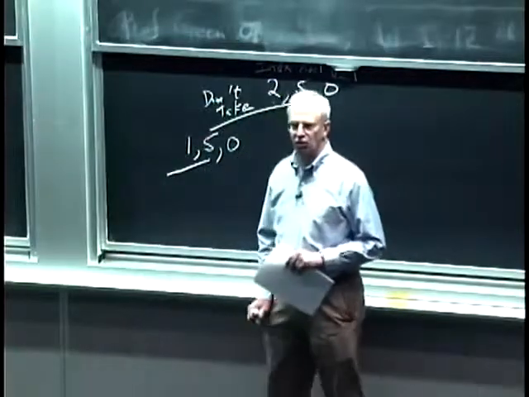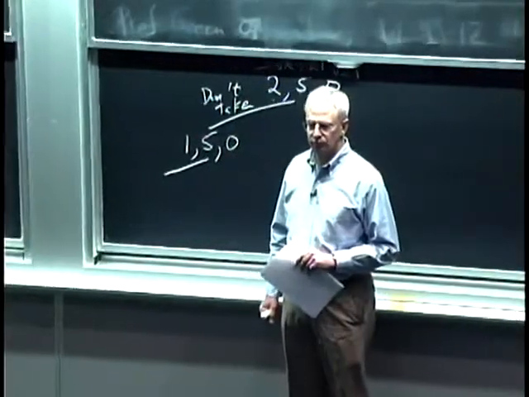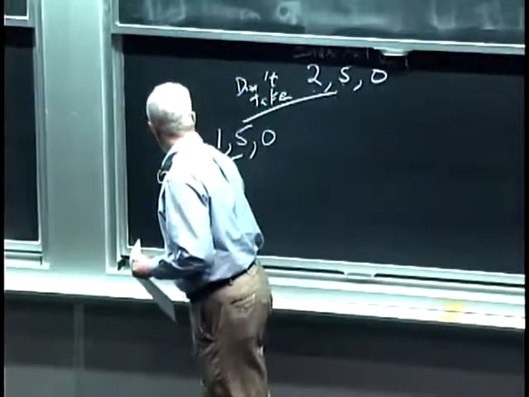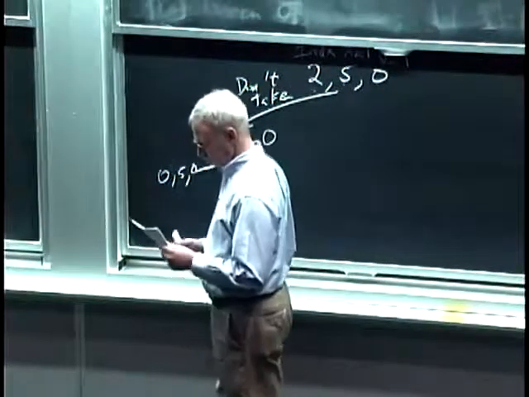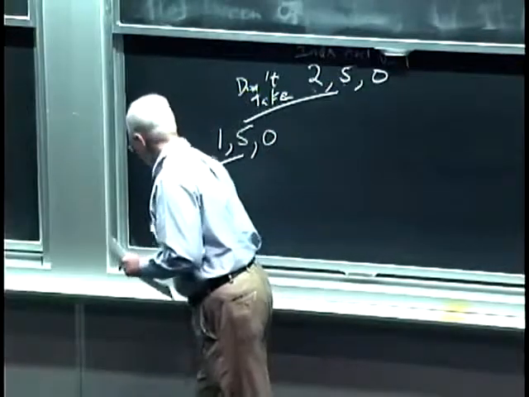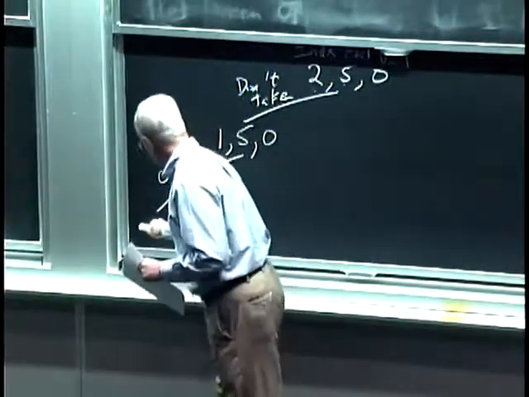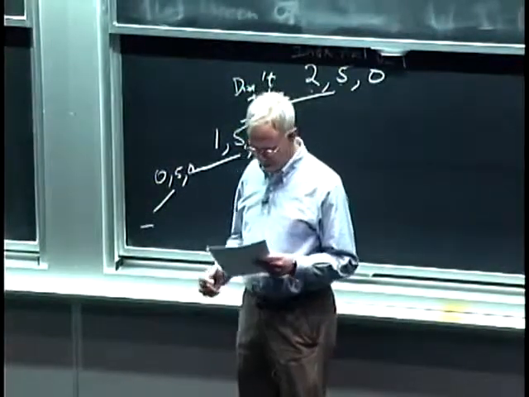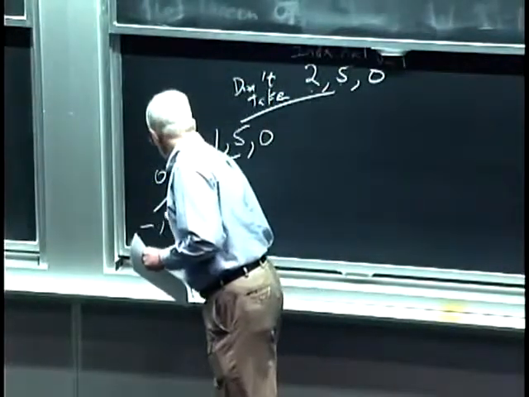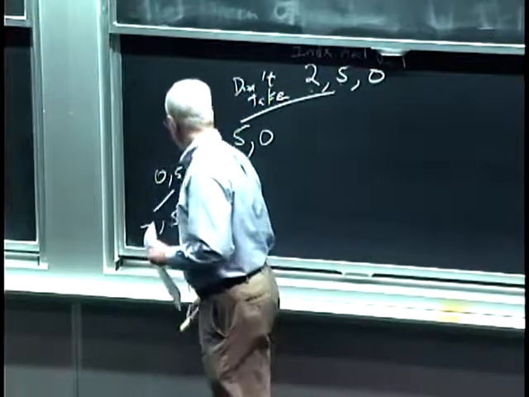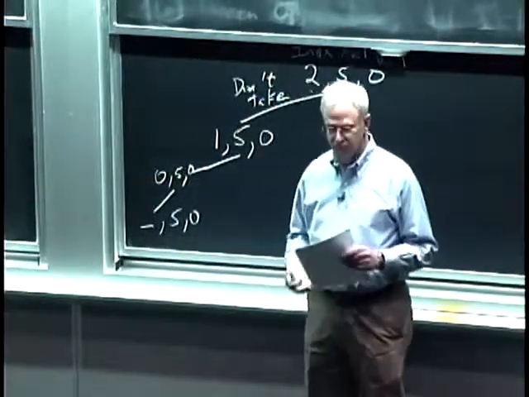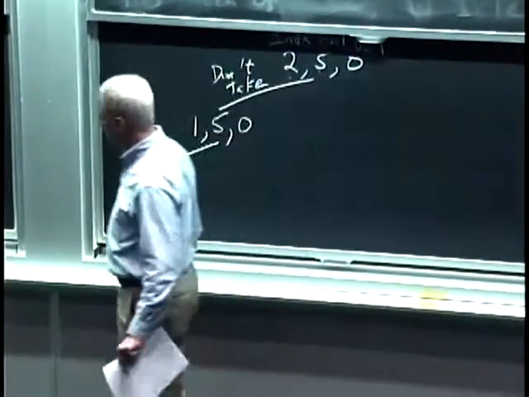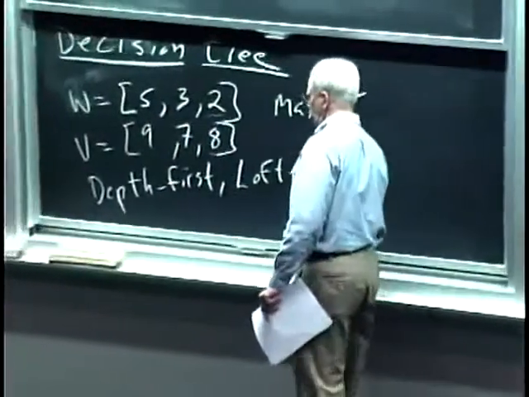And what is this node going to look like? 0, 5, 0. And then we'll go one more, and I'll just put a minus indicating I'm done. I can't look below that. I still have 5 pounds left, and I still have 0 value. The next thing I'm going to do is backtrack.